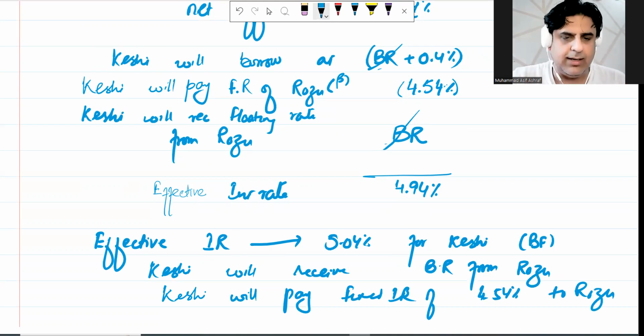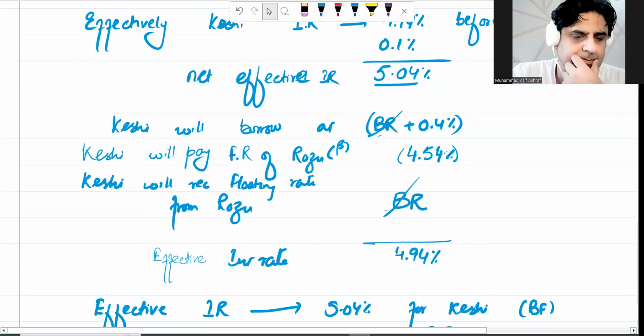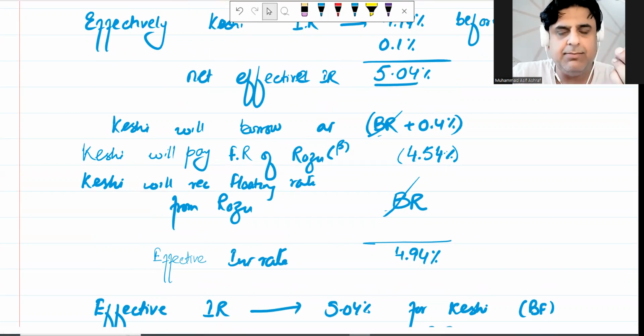So this is the whole arrangement, and after the swapping arrangement matures, then the principal will be the liability of each of the individual companies. This is not the swapping of principal, this is the swapping of interest rate.